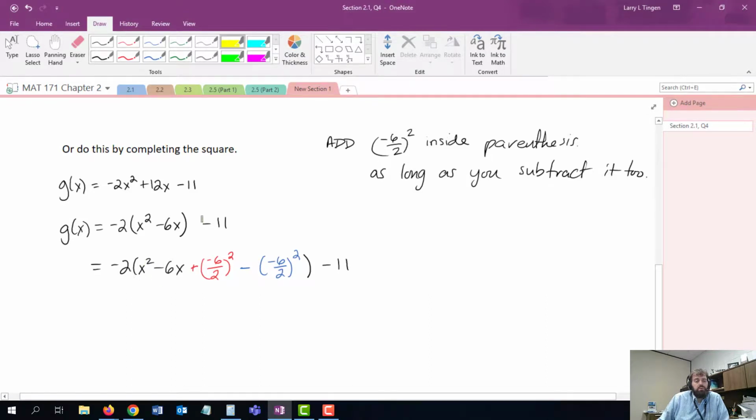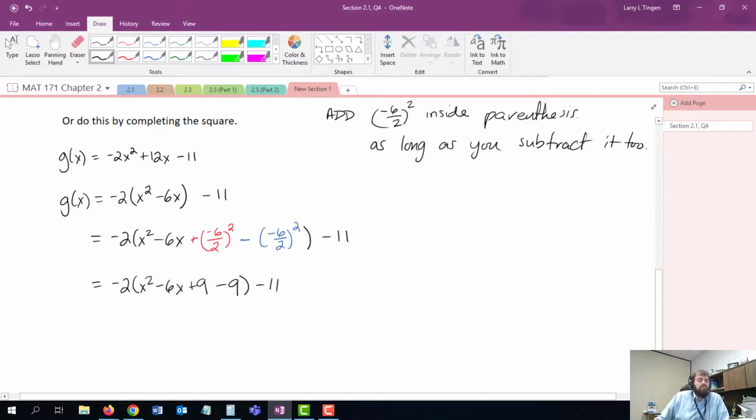Now, these three terms, I'm not going to fill it out over here, but I want you to take a look. Plus 9. Negative 6 divided by 2 is negative 3. Negative 3 squared is 9. So that's plus 9 minus 9 minus 11. x squared minus 6x plus 9 is a perfect square. That factors. So can I make this negative 9 go away?